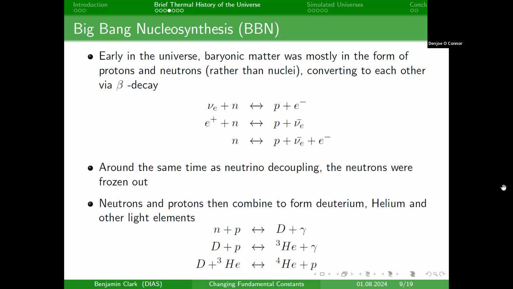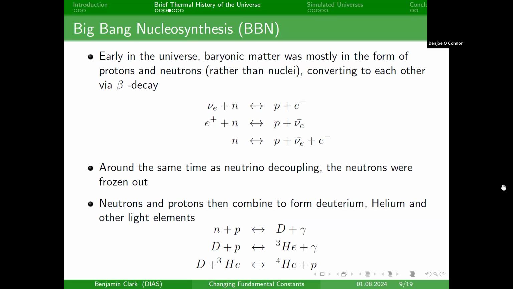Around the same time as neutrino decoupling, the neutrons were frozen out, so it became only energetically feasible for neutrons to convert down the way into protons, the bottom interaction there.